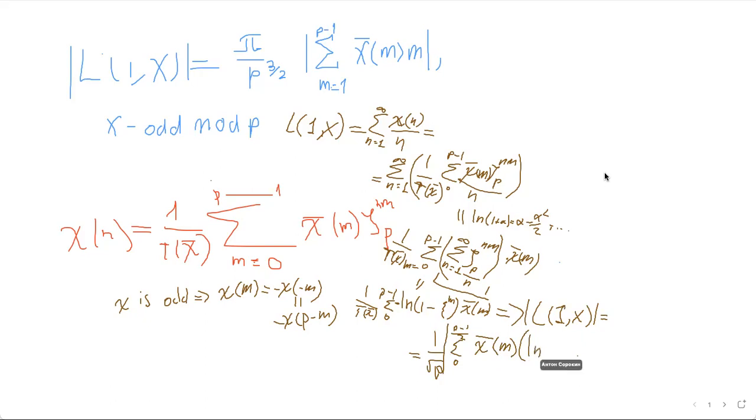Like ln of 1 minus zeta to the m, and 1 minus zeta to the p minus m.